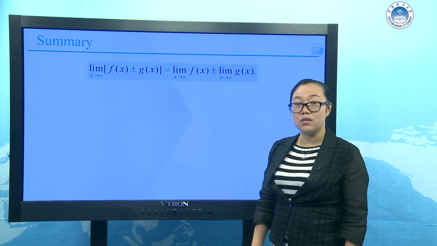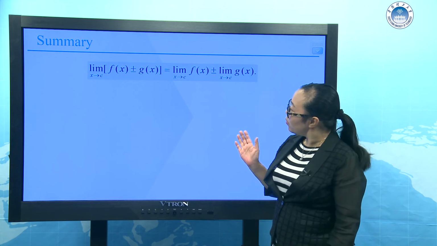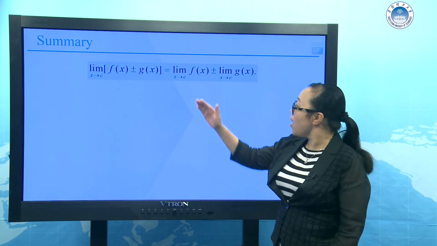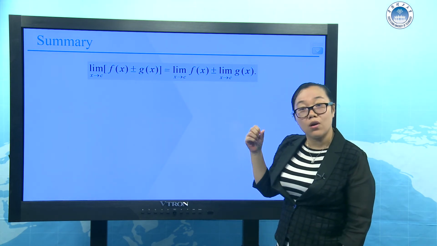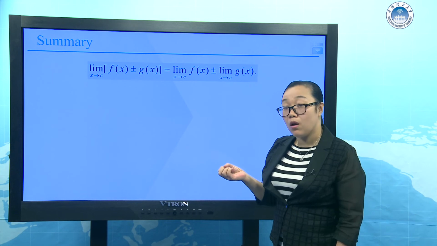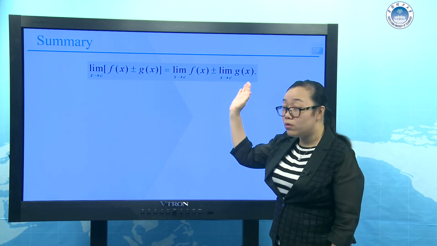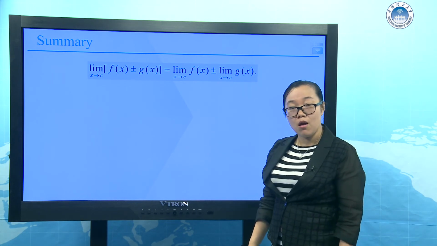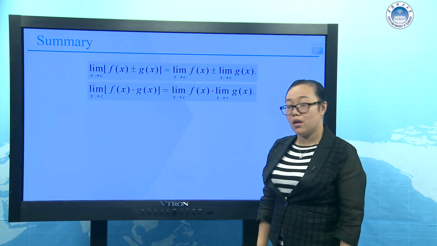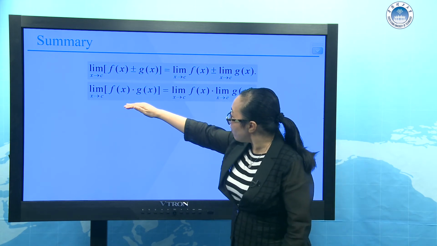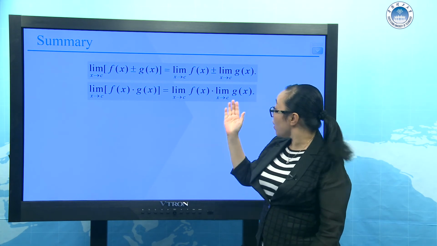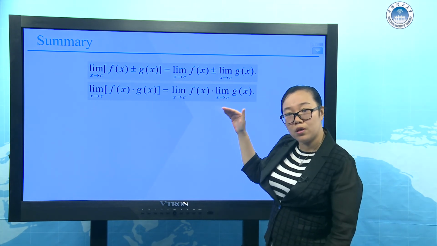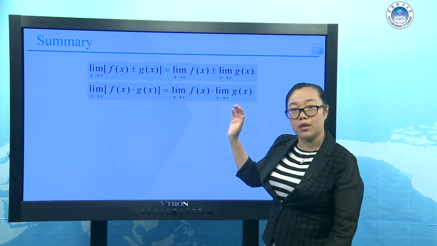So now look at the summary. The first: do you remember the limit of f plus or minus g equals the sum or difference of the two limits? How about the times? Yes, the limit of f(x) times g(x) equals the product of the two limits.